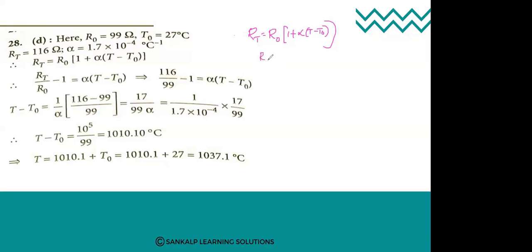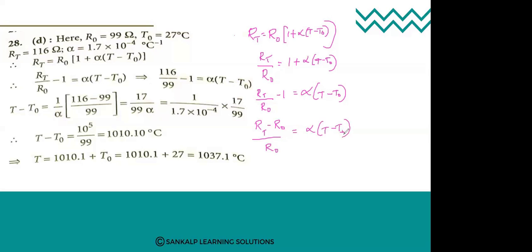Transfer R naught, so it will be RT divided by R naught, which equals 1 plus alpha into bracket T minus T naught. Further simplification: RT by R naught minus 1 equals alpha into bracket T minus T naught. Taking the LCM, it will be RT minus R naught by R naught, which equals alpha into bracket T minus T naught.